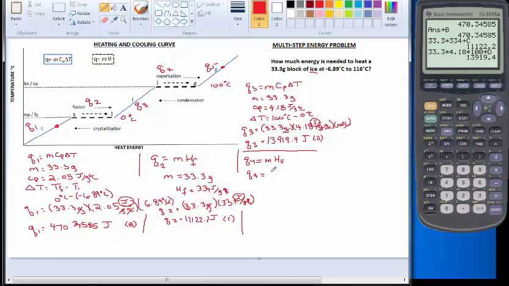Our mass doesn't change. It will be 33.3 grams. And our heat of vaporization, according to our reference table, is 2,260 joules per gram.